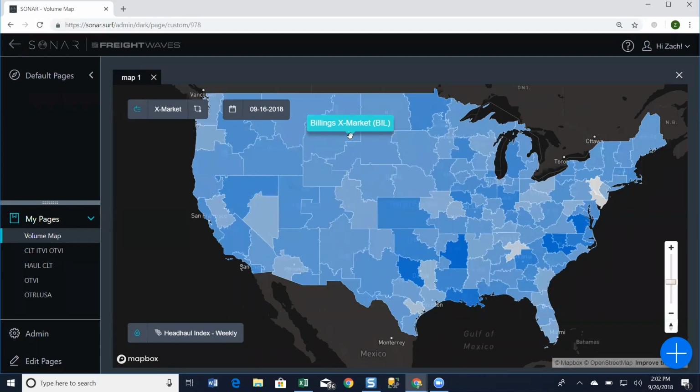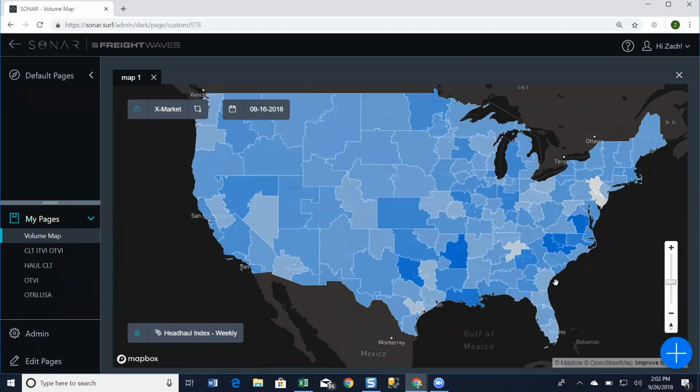The head haul index, noted by the HAUL ticker, is a measurement of the outbound minus inbound volume. So when you have an increase in outbound volume over inbound volume, you get an increase in haul.